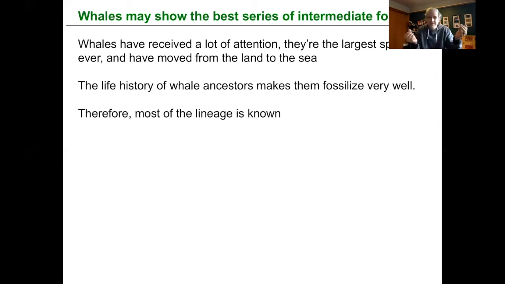And whales live in wetlands, and historically they live in oceans, they live in rivers, they live in the perfect place to fossilize. If anything was ever going to fossilize, it was going to be a whale. Their life history and where they exist means that they've got lots of opportunities for fossilization.